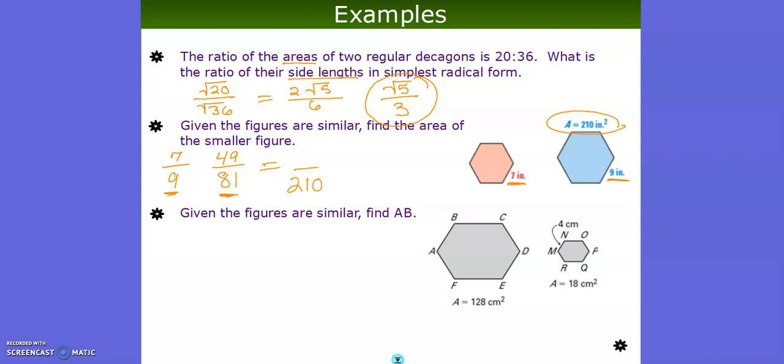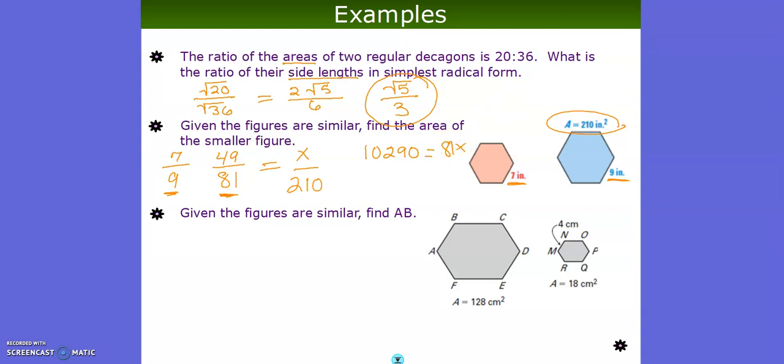I'm going to take 49 and multiply it by 210. Because this is my x, that gives me 10,290, and that will be equal to 81x.